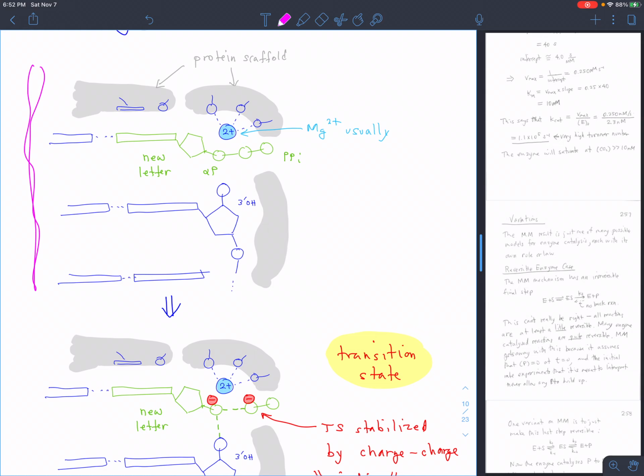And the way it works is the following. This gray stuff that I've filled in here, that's representing the protein. So there's a piece of protein over here that's holding, this is the DNA. This is the growing DNA down here.